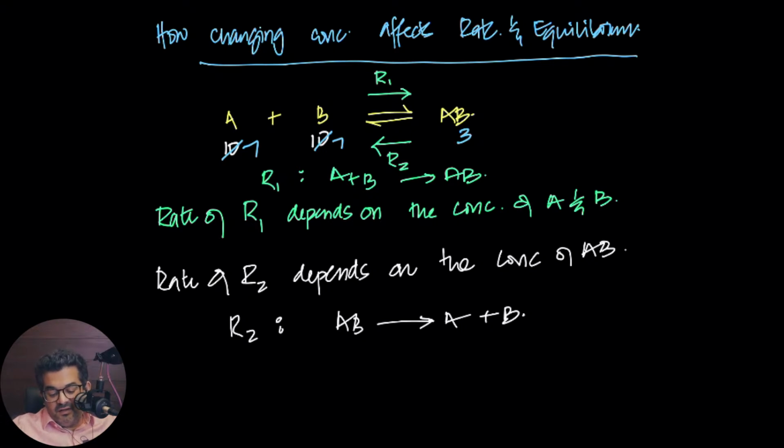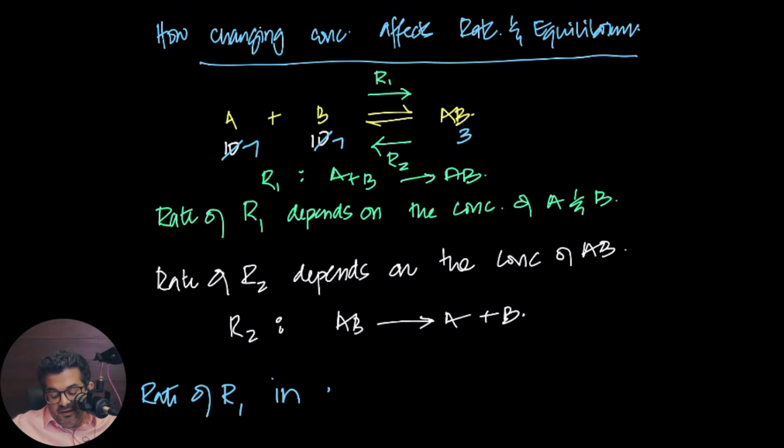So all of you are right. The concentration of A and B will decrease after the first second. So what happens to the rate of R1 after 1 second? The rate in second number 2.